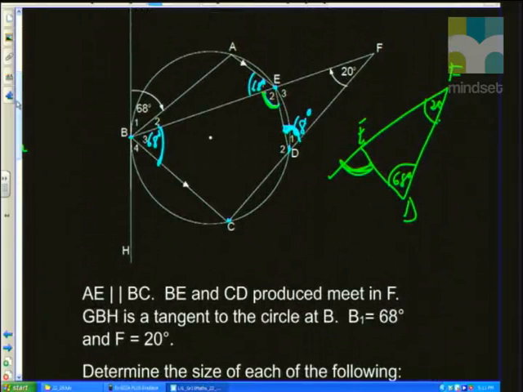Now, C is here, okay? Right, guys, and you can find it in different ways. We've got this as 80, this is 88, okay? Now, if you look at this, this is your EDCB. It's a cyclic quad, right?